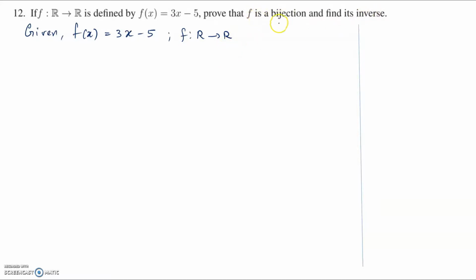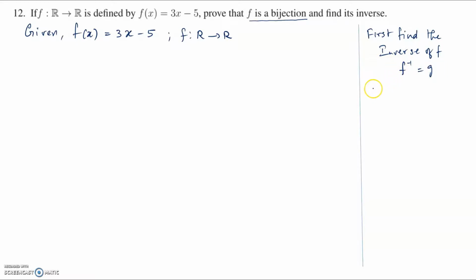Now, to prove that f is a bijection, the condition that was given is, first find the inverse of f. So let f inverse be defined as g.